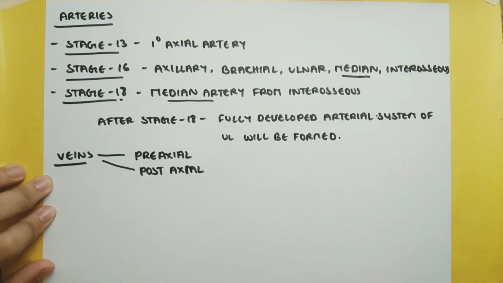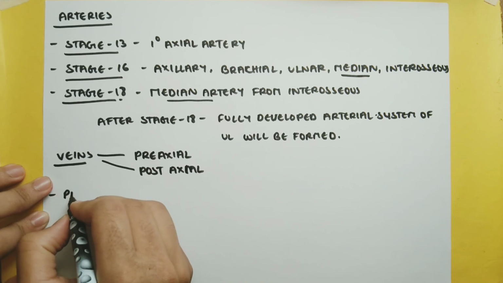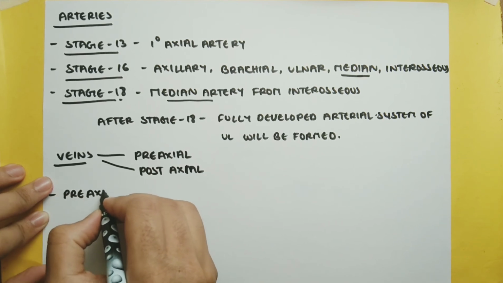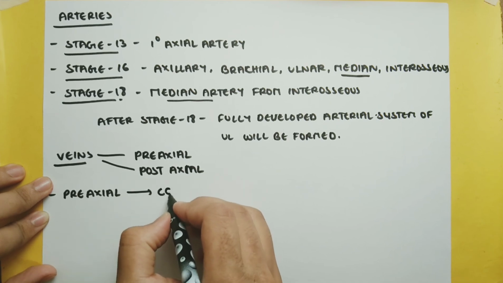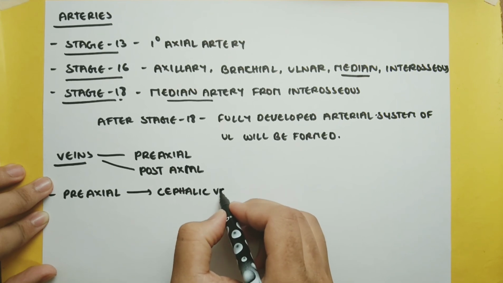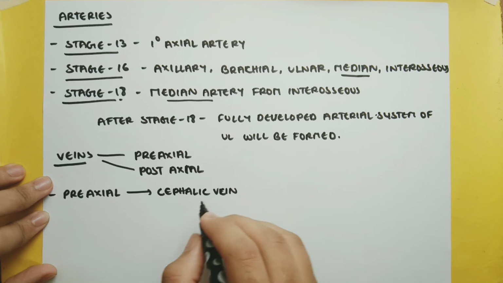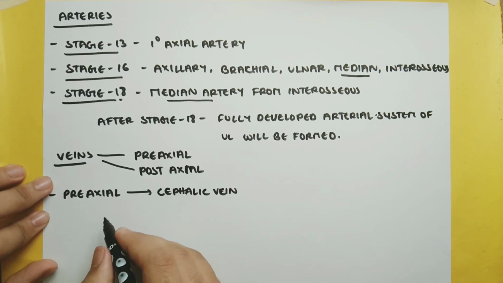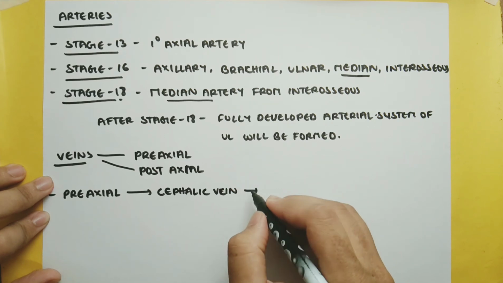Let us talk about those in detail, starting with preaxial. It is also called as cephalic vein. After development, the preaxial vein becomes the cephalic vein and drains into the axillary veins.